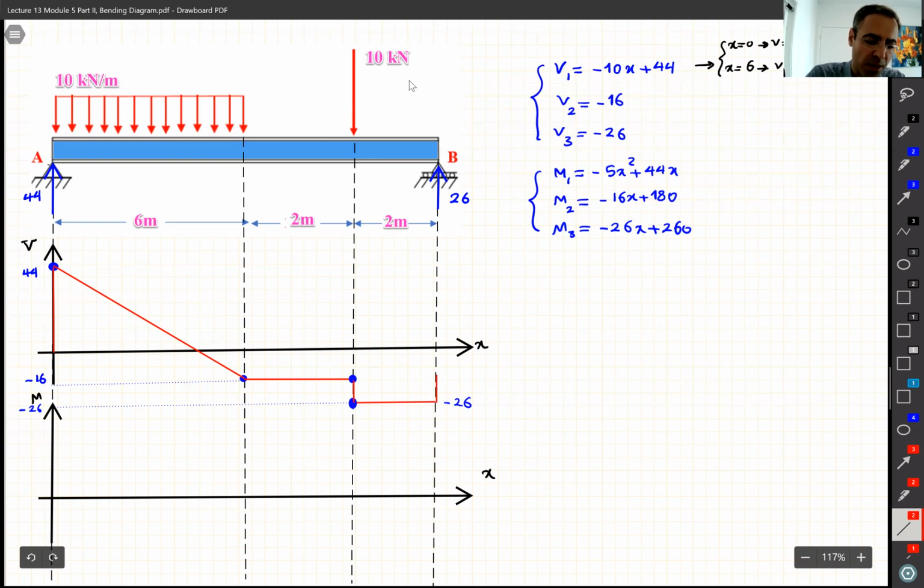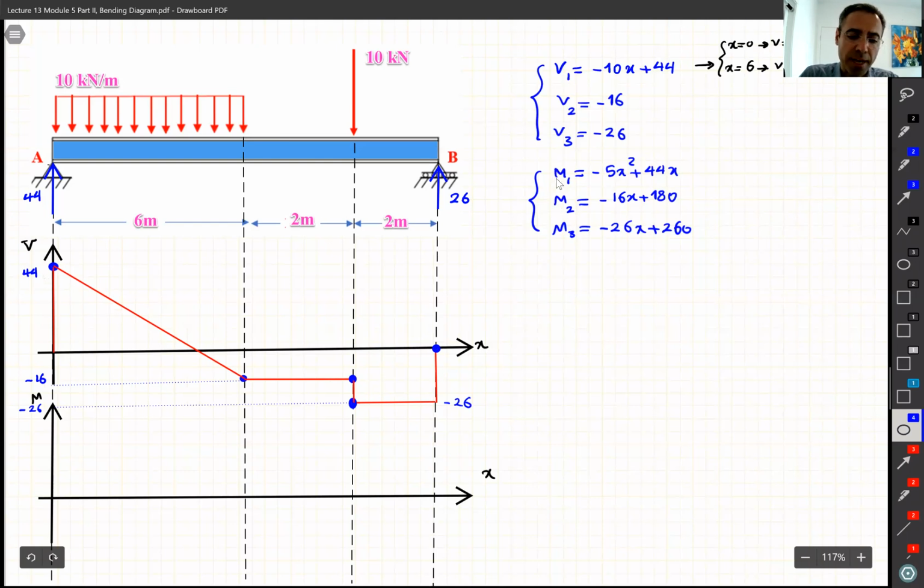And then at the top, you have positive 26, so you jump up 26 units and return back to 0, so everything is good. And the solution is correct, all right? So this is our V diagrams. The difference between this one and the previous one is when you have a constant load, like this kilonewton per meter, a rectangular shaped load, V has a slope, basically.